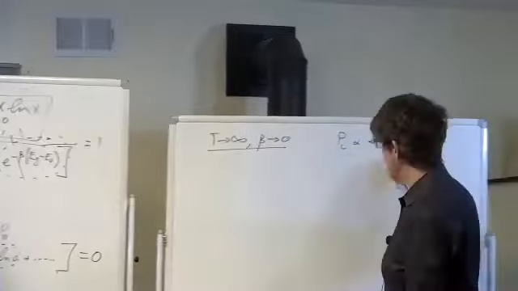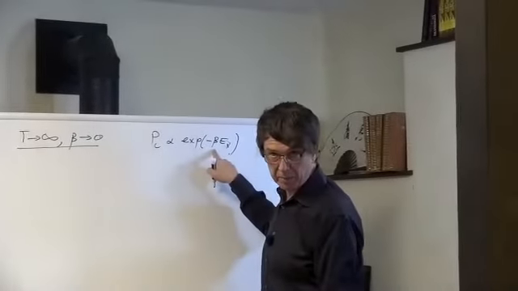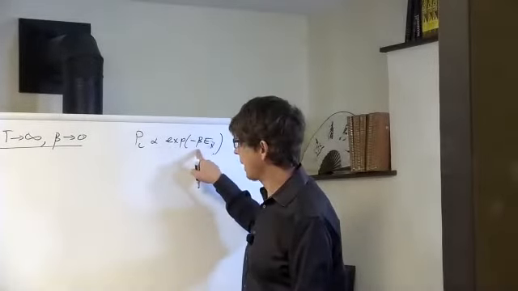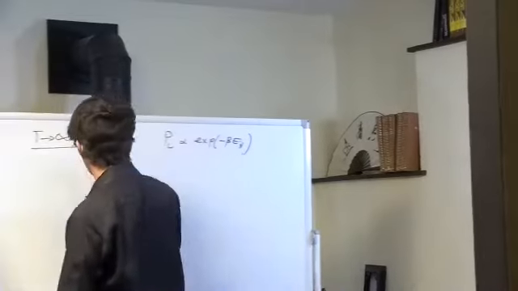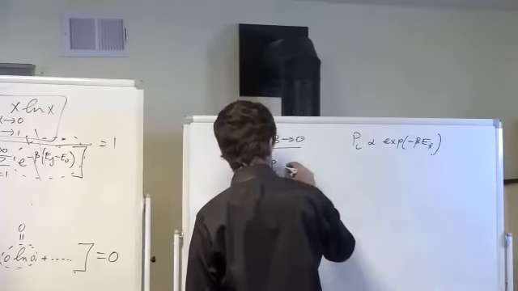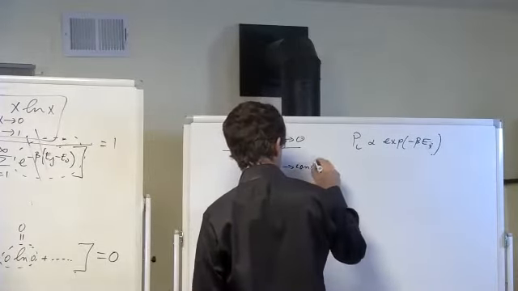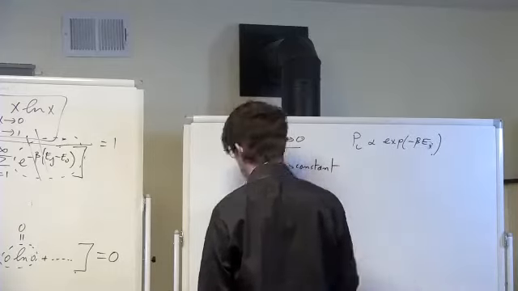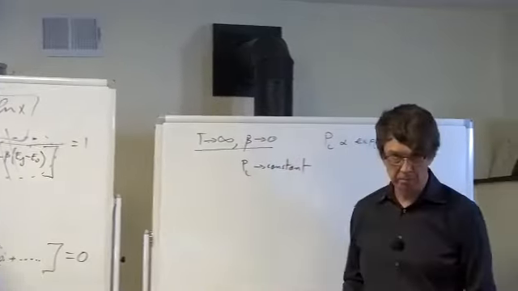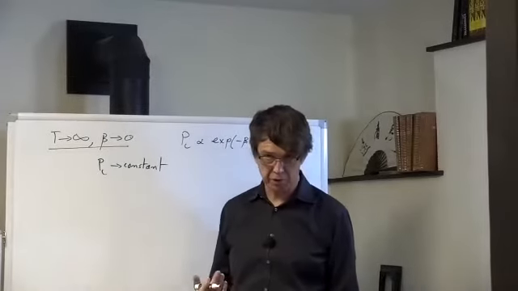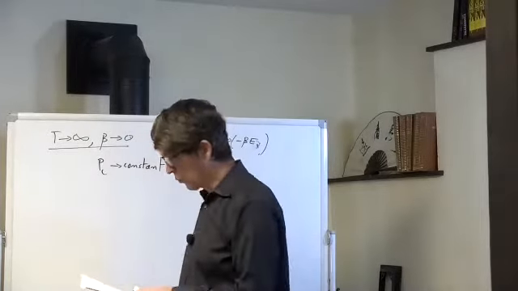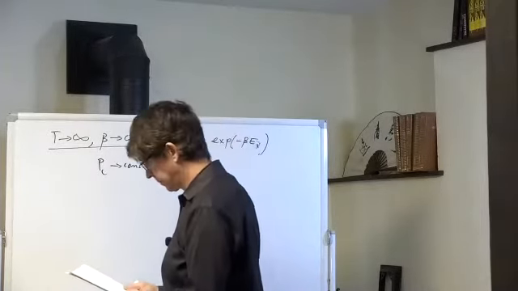So if beta goes to 0, then all the energies get multiplied by 0, so they don't matter. So all the p_i become constant. They're all the same, independent of the energy. And like in the microcanonical ensemble, they're going to become 1 over the number of states.